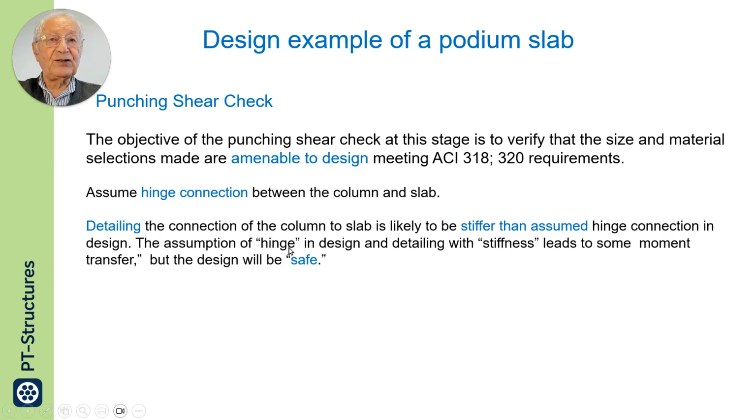The assumption of hinge in design and detailing with stiffness or partial stiffness leads to some moment transfer, but the design will be safe. What I'm saying is that in reality, there could be some moment taken by the connection. But the consequence of that transfer does not impact the safety of the structure that is the target of design.